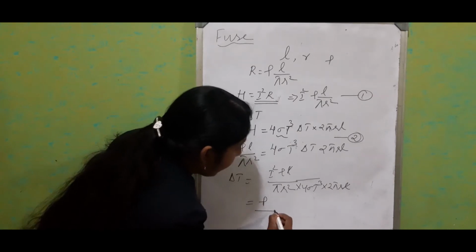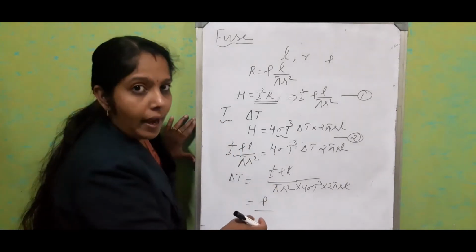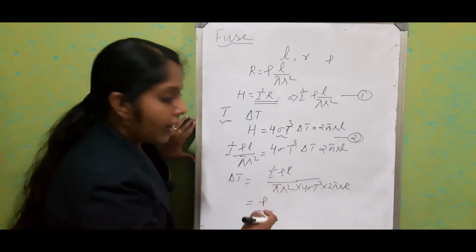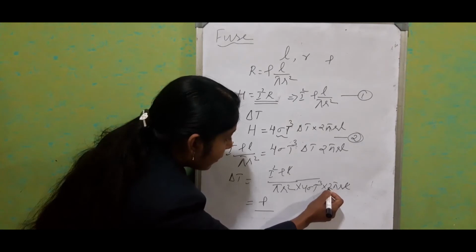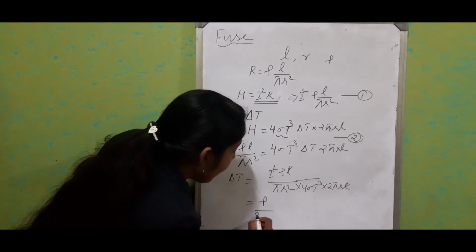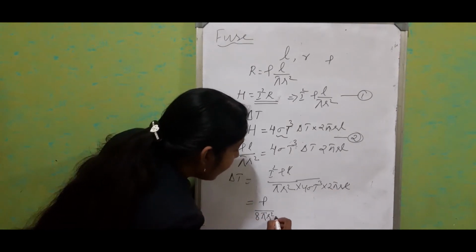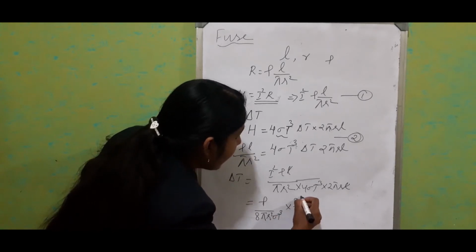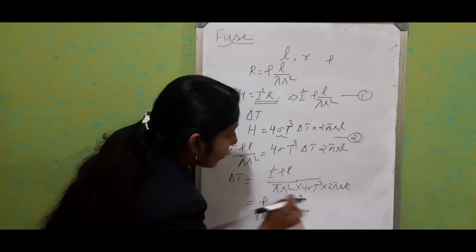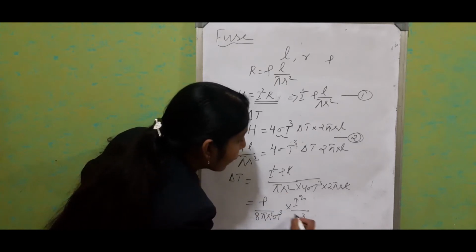Finally we can write rho divided by, I am writing all the constant factors first, then the varying factors second: pi r square, and here 2 and 4 make 8. So 8 pi r square sigma T cube into I square divided by, here r square and r, so r cube.